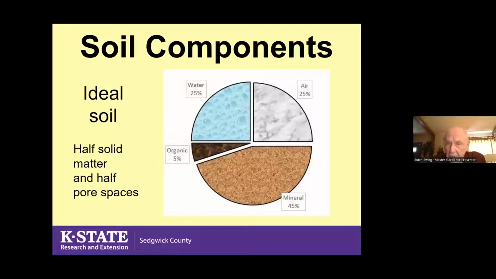If we look at it graphically, what we would like to have in our ideal healthy soil would be about half of the soil would be solid matter, and the other half would be air spaces or pore spaces. And under ideal conditions, maybe not right now, but under ideal conditions, at least half of those air spaces should have some water in it.